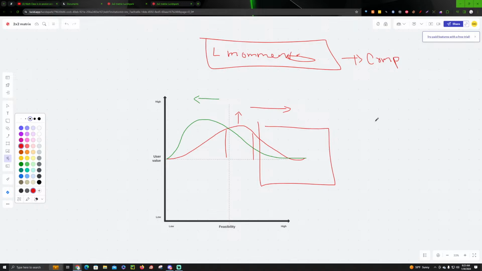So the first equation would be mean minus mode divided by one standard deviation.